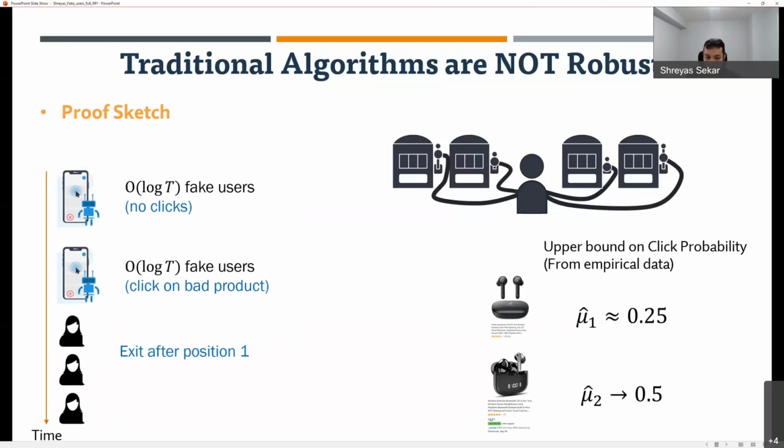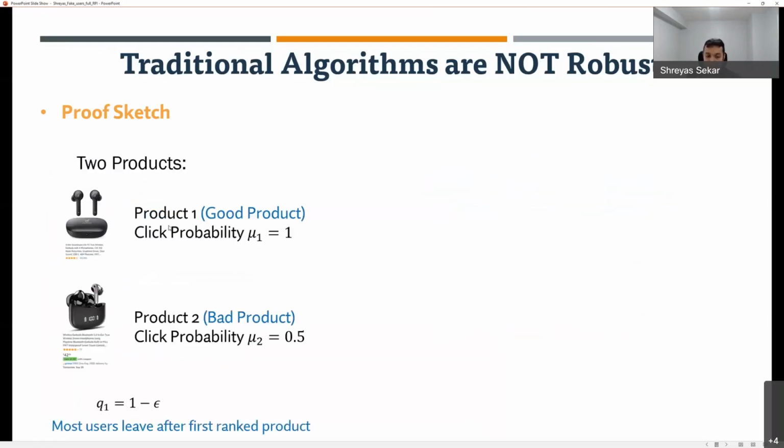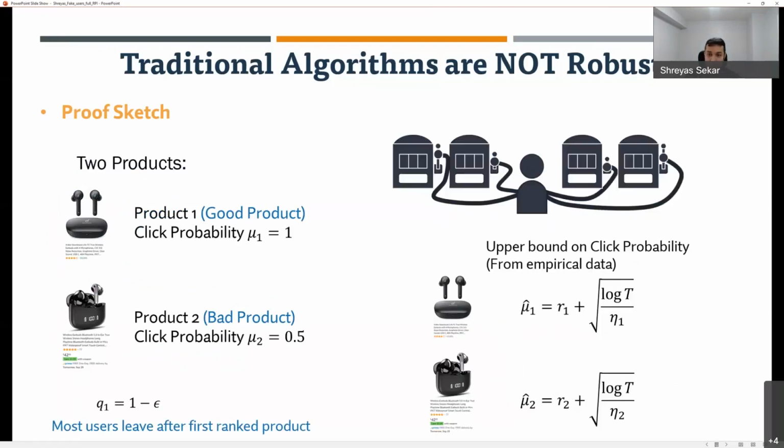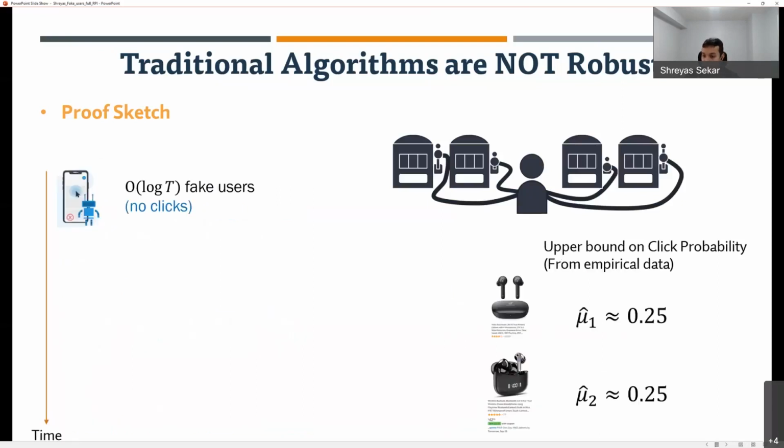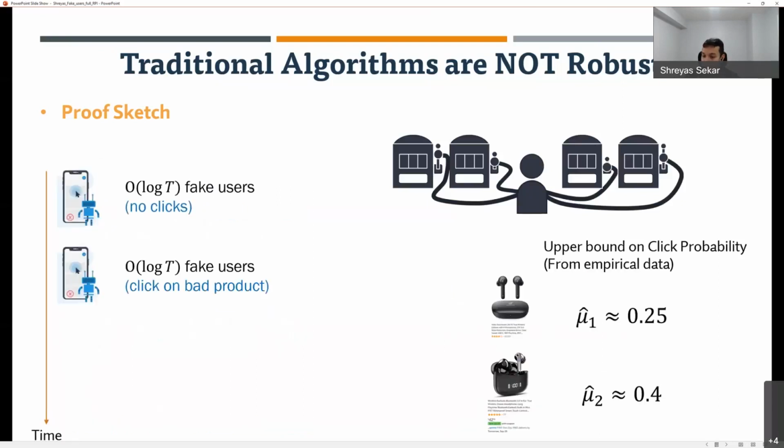Whereas in the optimal ranking, I would place product 1 in the top position, so all my customers are going to be happy. So in conclusion, because of the behavior of fake users, I only get to satisfy half of my T customers, whereas in the optimal ranking, I would satisfy all T of my customers. So the total regret or the loss is going to be 1/2 of T.